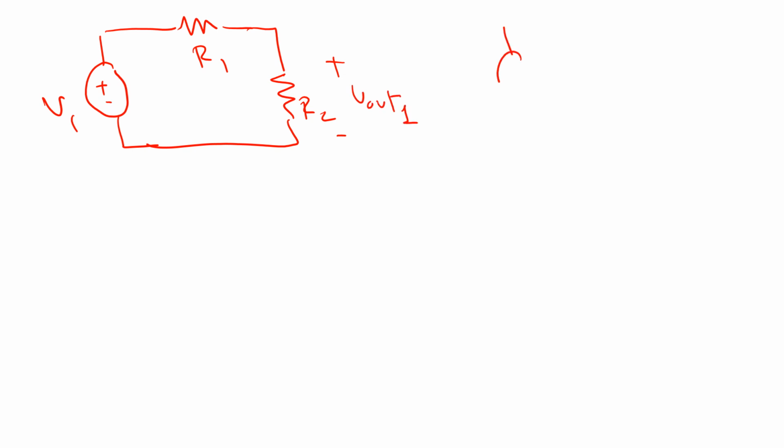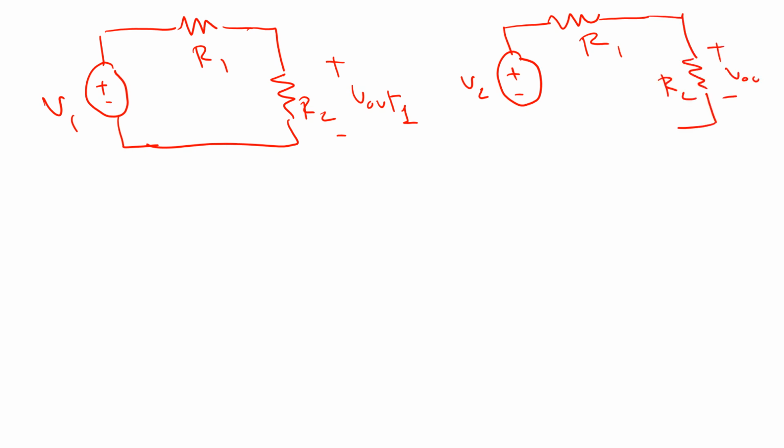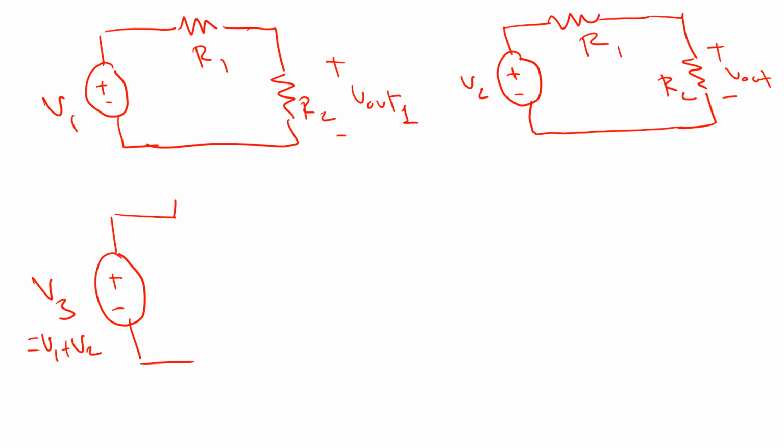Same when the input was V2, R1, R2, and this is Vout. Okay, and we did a third input V3, which is a combination of V1 plus V2, right, over the same circuit.